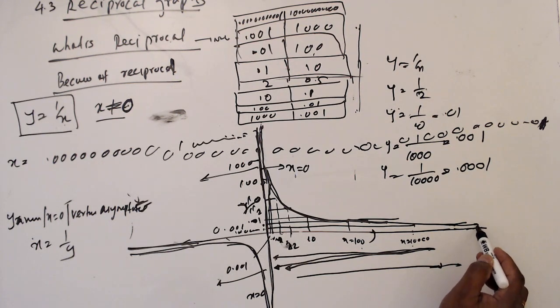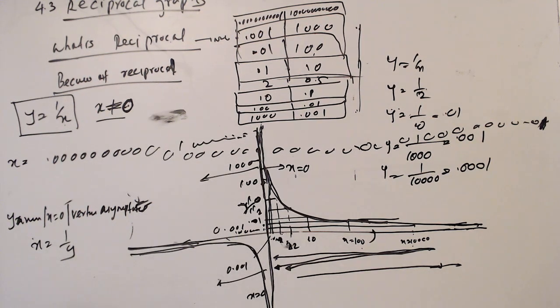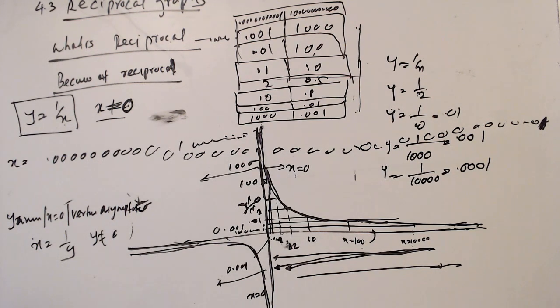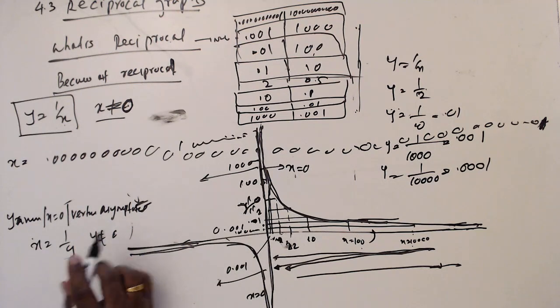It means y also is an asymptote because we can't say y equals 0. If I take y equals 0, 1 over 0 is infinity. In that case it may confuse you, but I still try to explain this.